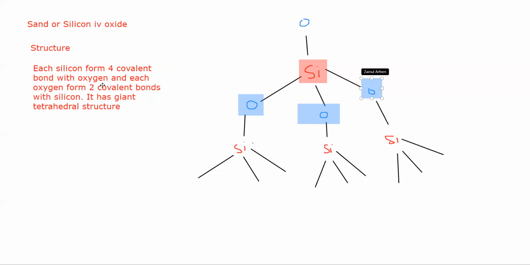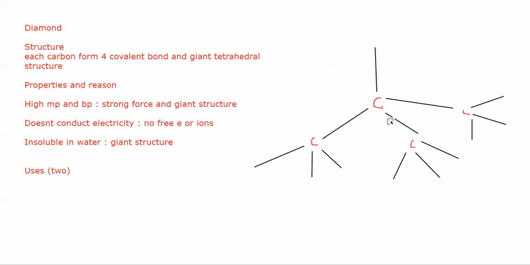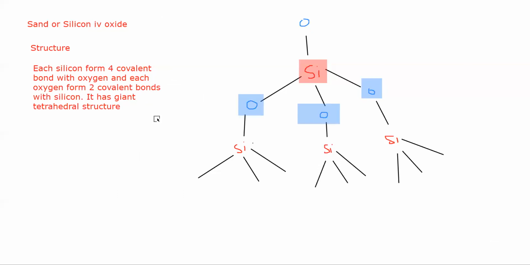You can see here, it resembles the one which I drew first, the diamond. The structure of a diamond is similar to that of silicon 4 oxide. So both have the same tetrahedral structure, giant tetrahedral structures.